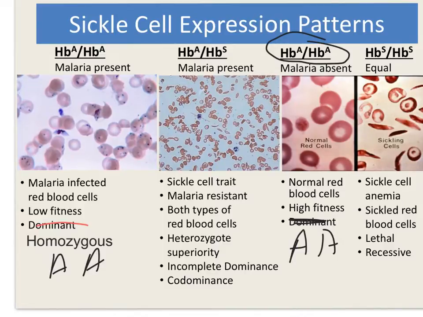So that means that malaria is killing more than 25% of those people in the population. Okay? Otherwise, selection wouldn't favor this. It'd be too heavy a cost.